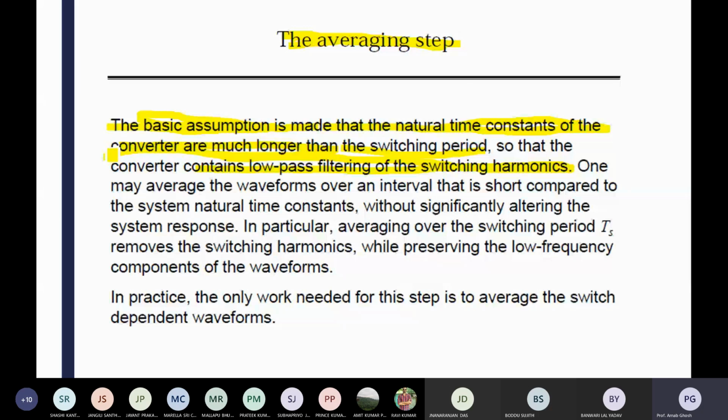Okay, one may average the waveform over an interval that is short compared to the system's natural time constant. Time constants play an important role in the dynamics of switching converters. If the time constant is large, the system will automatically settle down to the steady state value.